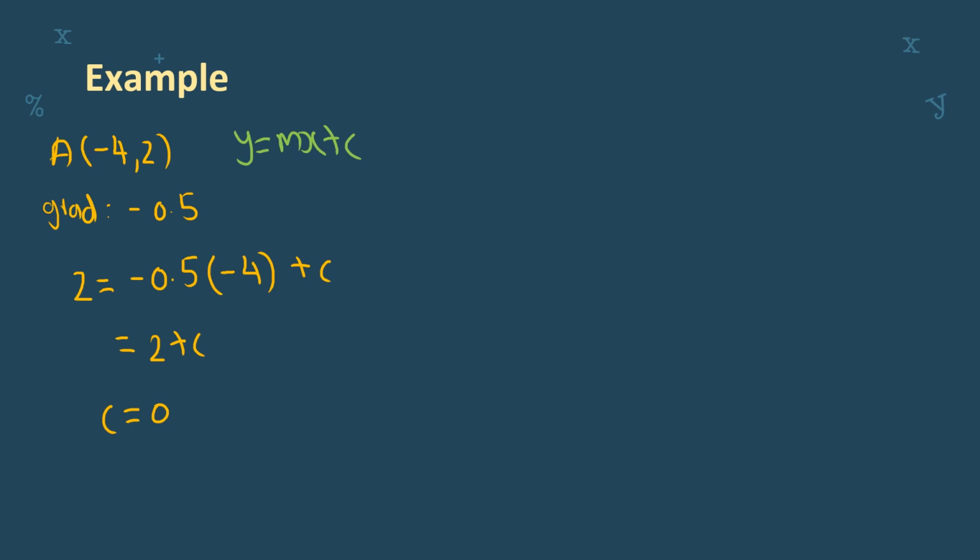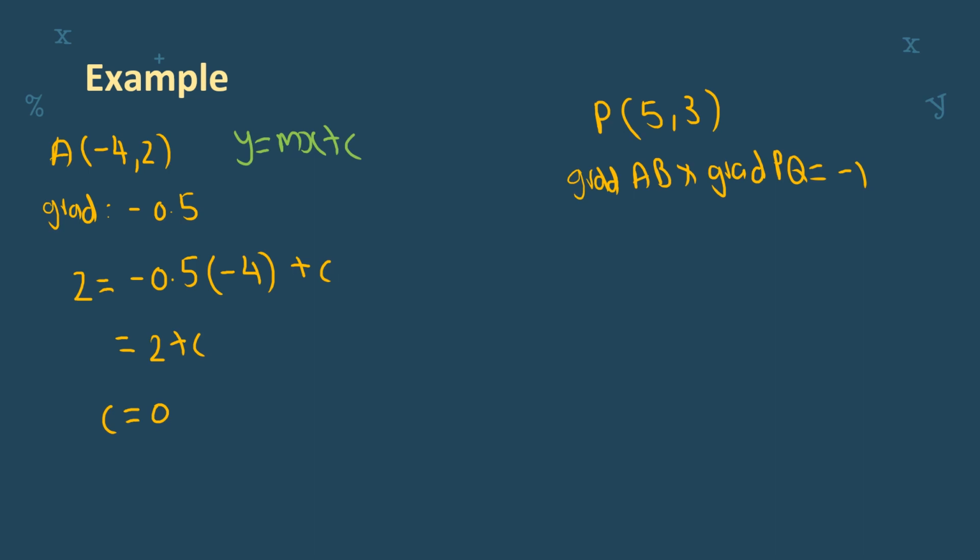Okay, so now we know that the coordinates of P are (5, 3), and we are asked to find the equation of line PQ, which is the other line. From the question, we are told that the gradient of line AB times the gradient of line PQ equals minus 1.